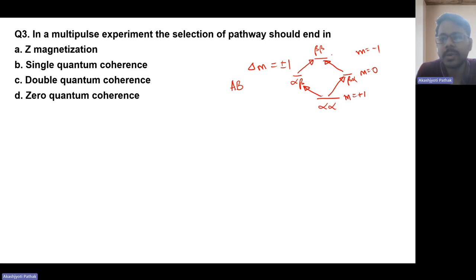So 0 to minus 1 is a change of minus 1, and plus 1 to 0 is a change of plus 1. But other than these, two other transitions take place, but they are not observable.